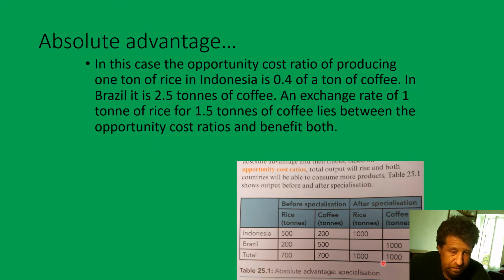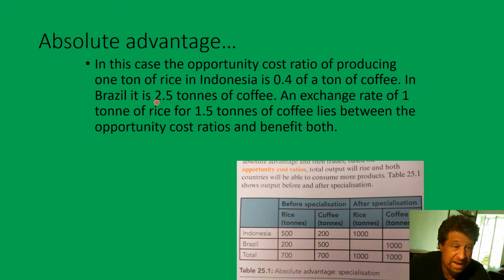Now, we see that the opportunity cost ratio of producing 1 ton of rice in Indonesia is 0.4 of a ton of coffee. So every time Indonesia produces 1 ton of rice, it's given up 0.4 of a ton of coffee.